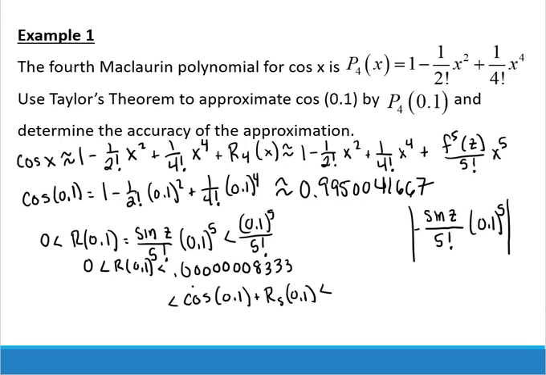When I add it, I get 0.99500425. When I subtract it, I get 0.99500416667. So I know that the cosine is going to fall somewhere in between here.